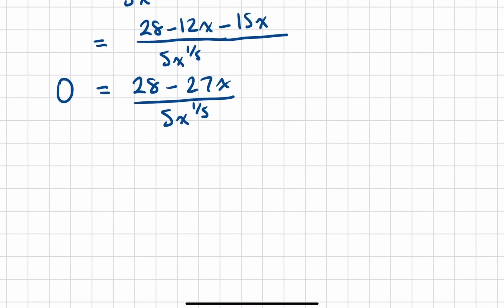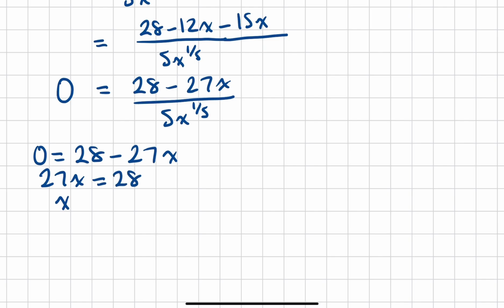So our first set of critical values is going to be when the numerator is equal to 0. So this will be 0 is equal to 28 minus 27x. And then we can bring the 27x to the other side and say 27x is equal to 28, where x is equal to 28 over 27. Our other critical value is going to be when f prime of x does not exist, and this is going to be when the denominator is equal to 0.